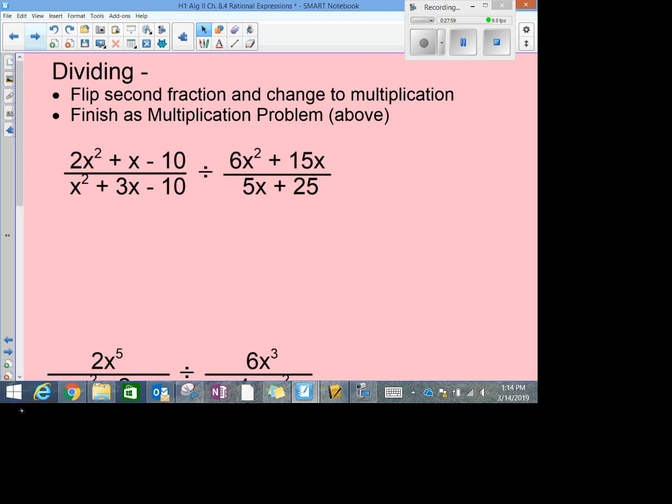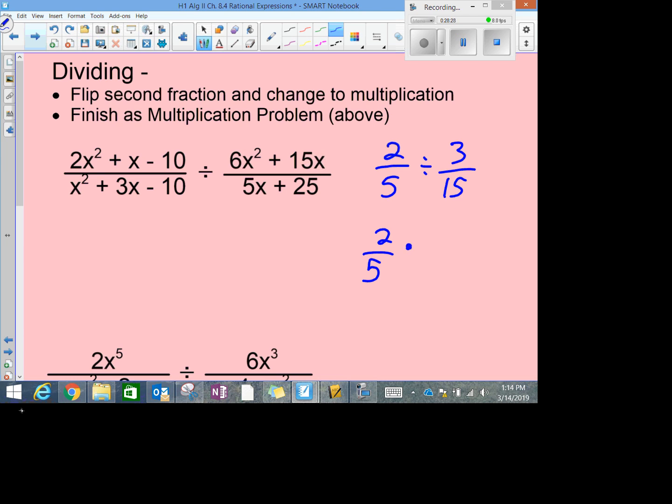Now let's talk about dividing fractions. So if we had, okay, if I were to divide those fractions, what would I do? Okay, so the 2/5 would stay, right? And then what would I do?